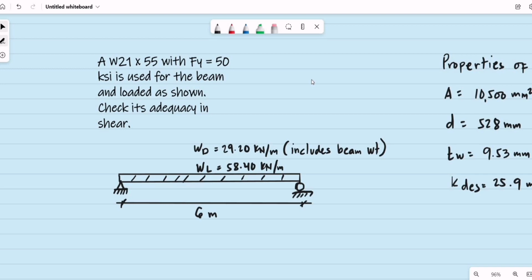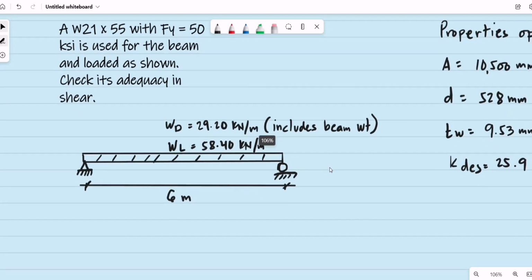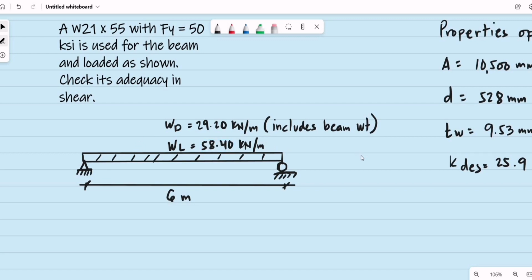We are required to check its adequacy in shear. The beam carries a dead load of 29.20 kilonewtons per meter, including the beam weight, and a live load of 58.40 kilonewtons per meter.